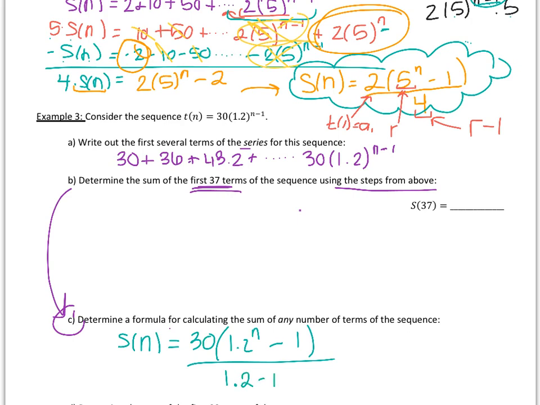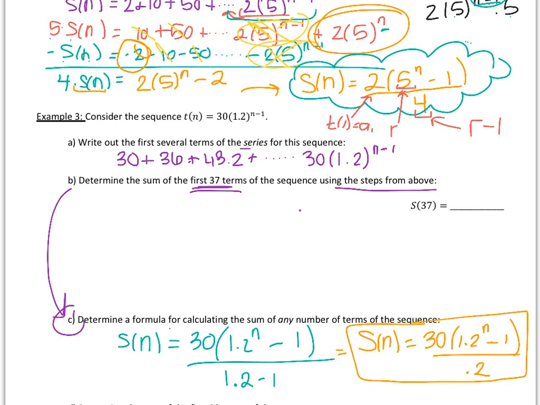So then we can get this simplified formula. I can find the sum of the first n terms, any number of terms I want. It's 30 times 1.2 to the n minus 1, divided by 1.2 minus 1, which is just 0.2. So this formula will help us answer part B.